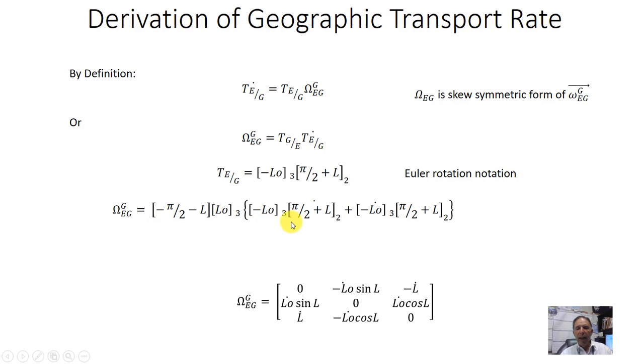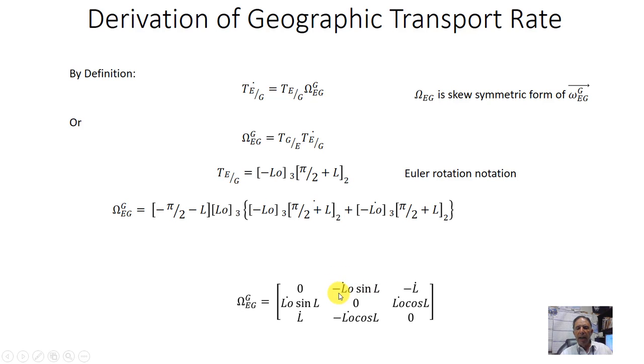Then multiplying out these matrices, we obtain this skew symmetric matrix.